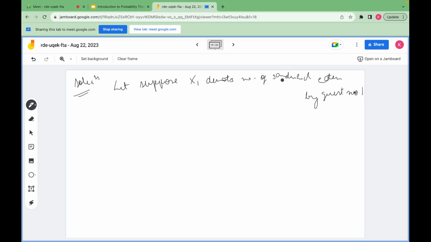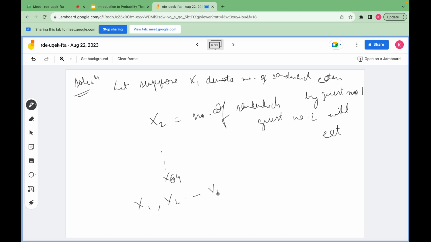So x1 denotes the number of sandwiches guest number 1 eats. Similarly, x2 is the number of sandwiches guest number 2 will eat, and similarly there will be x64. Now it is given that x1, x2 till x64 are independent of each other.